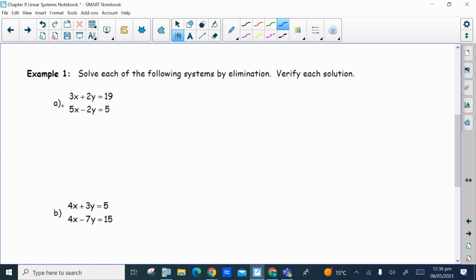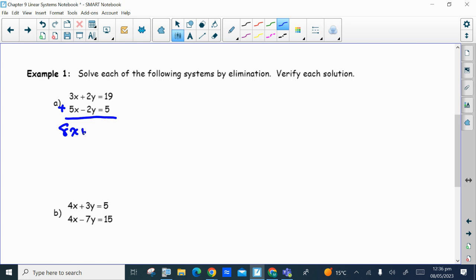So now what we would do is add these two equations together. Because the coefficients in front of the y's are opposites, when you add the y's together, you're going to get 0, because positive 2y plus negative 2y is 0. They cancel each other out. But we also have to add the x's. 3x and 5x is 8x.